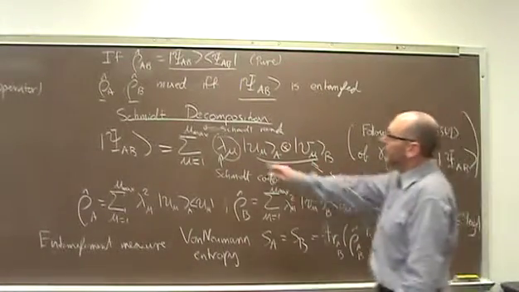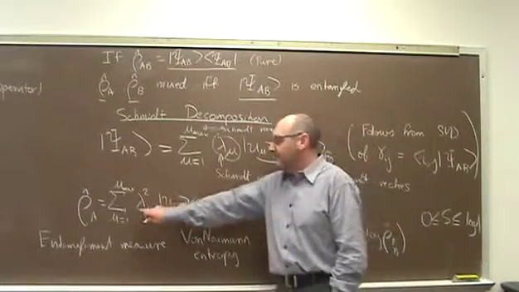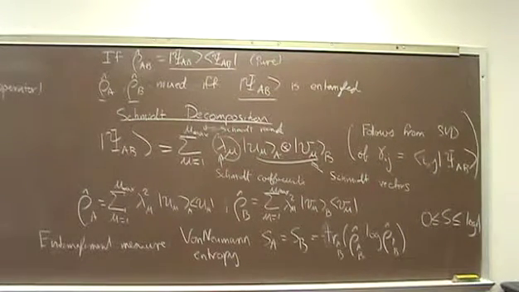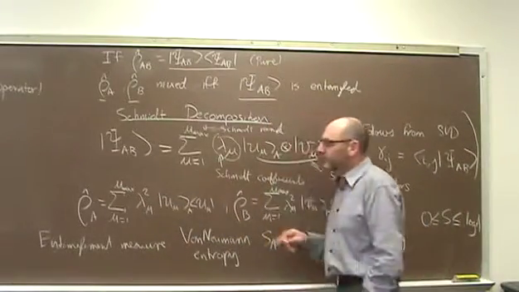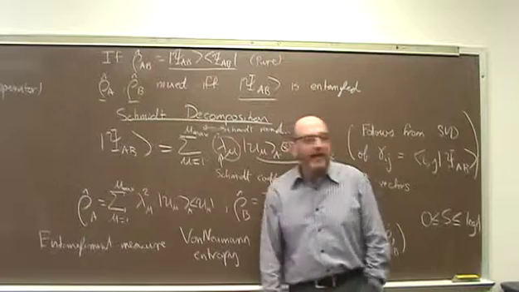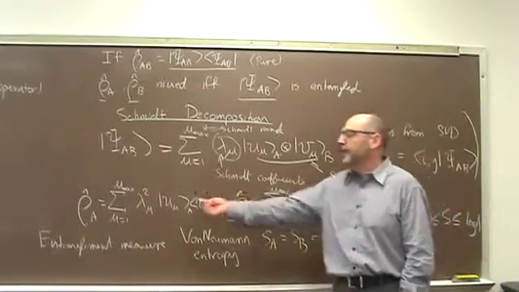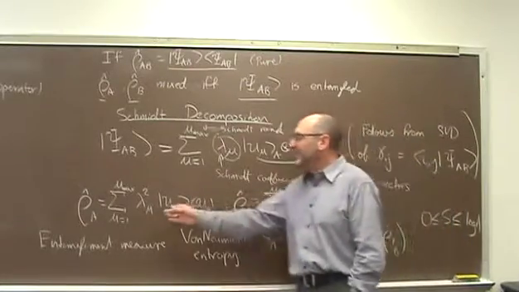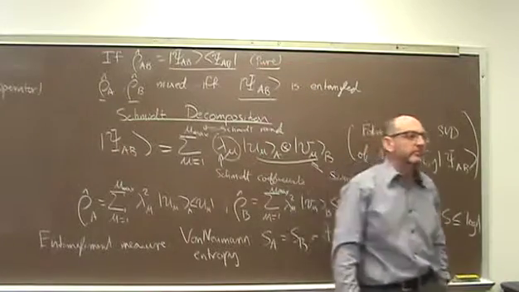That is to say, the squares of the Schmidt coefficients are the eigenvalues of the reduced density operators. So they tell us the amount of statistical mixture we have in the subsystems, and the eigenvectors of the density matrix are the Schmidt vectors. Okay? And what we see is that they have the same spectral decomposition. So there's the same amount of mixture in these two systems when the overall state is pure.